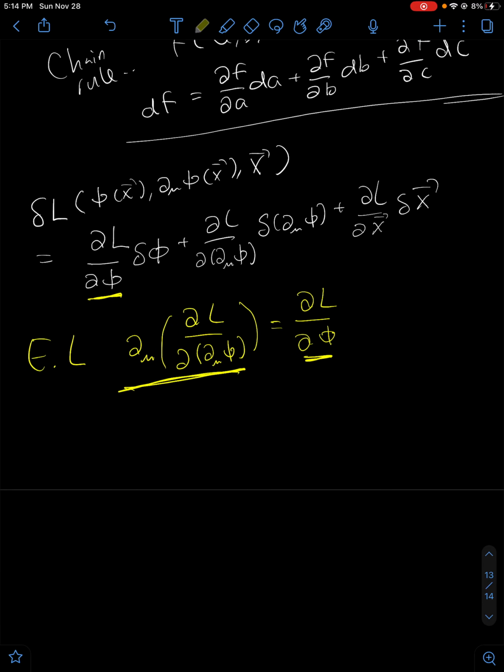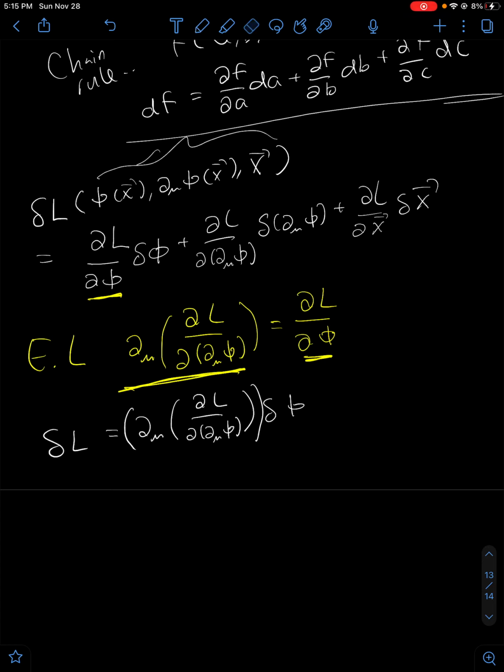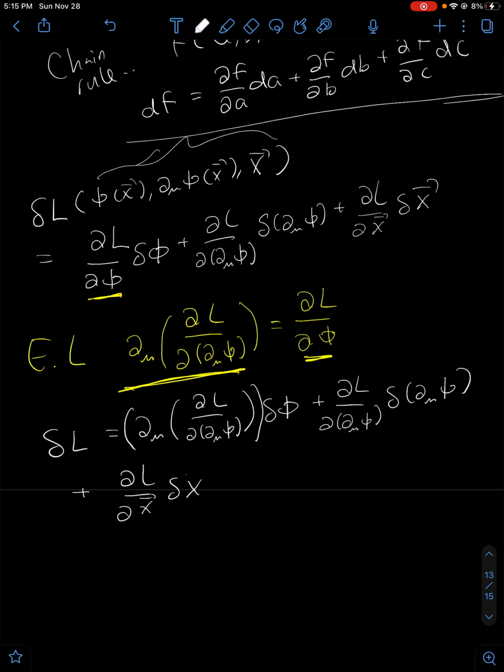But that just equals this, right? By the Euler-Lagrange equations. So this means that delta L, I think you guys already know that it's a function of all of these, so delta L is going to be partial mu of partial L over partial mu phi, times delta phi, plus partial L over partial mu phi times delta of partial mu phi, plus partial L over partial x times delta x.